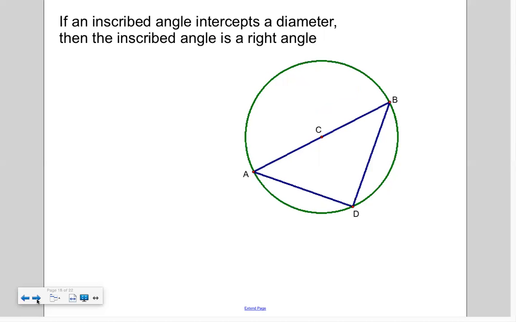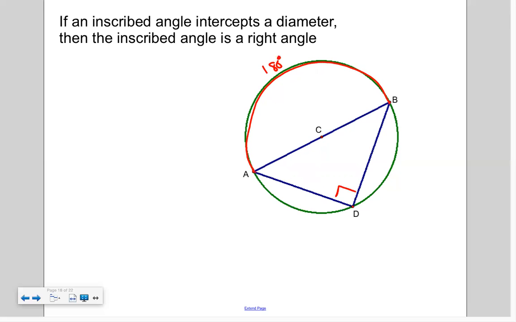If an inscribed angle intercepts a diameter, then the inscribed angle is a right angle. This makes sense, okay? If you have a diameter, that makes this arc a semicircle, which is 180 degrees.